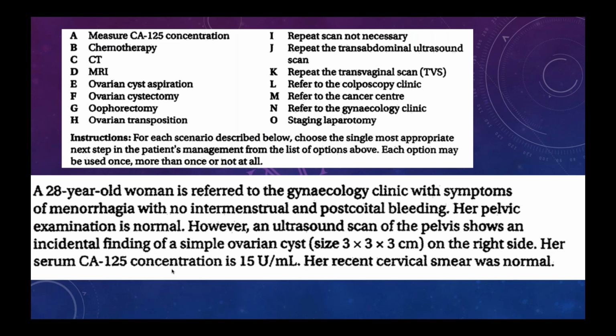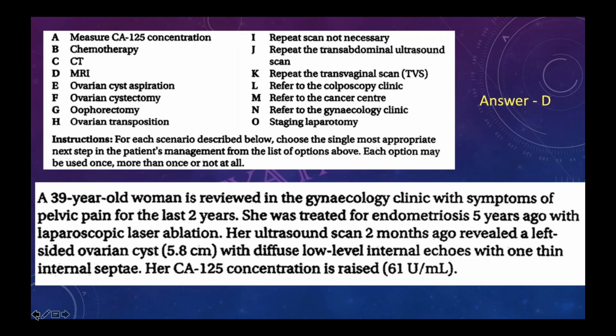Ma'am, in the previous question, she was already treated for endometriosis and CA125 was not much higher. So can't it be a recurrence of endometriosis, and we proceed with laparoscopic cystectomy? But one surgery has already been done, and endometriosis recurs.